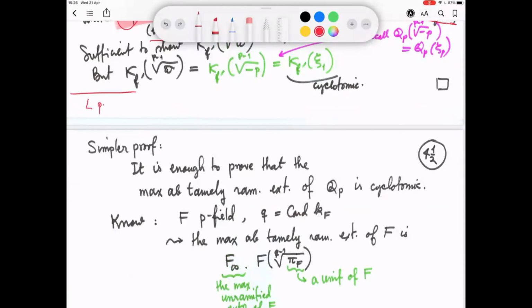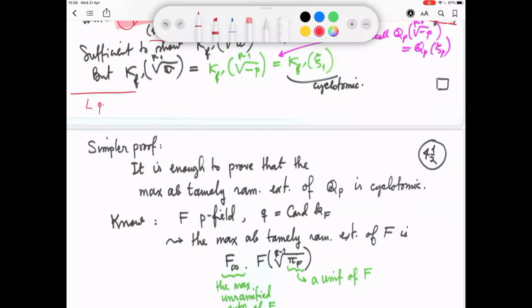So when F is equal to Q_p, this q is of course going to be equal to p. And then this F infinity, the maximal unramified extension of Q_p, is cyclotomic. That's obtained by adjoining the primitive nth roots of unity for every n which is prime to p. Okay, so that is cyclotomic.